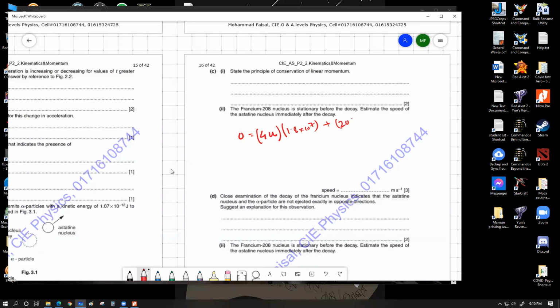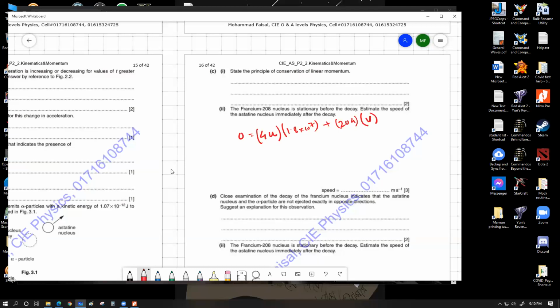Does everyone understand why it is 204? The mass number reduces, so 204 multiplied by some value, let's say I write v. From this equation you will find v, and the value will come out negative, because that will be velocity, and it should obviously be in the opposite direction.